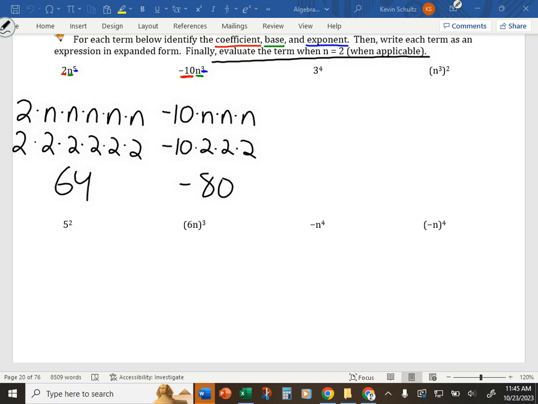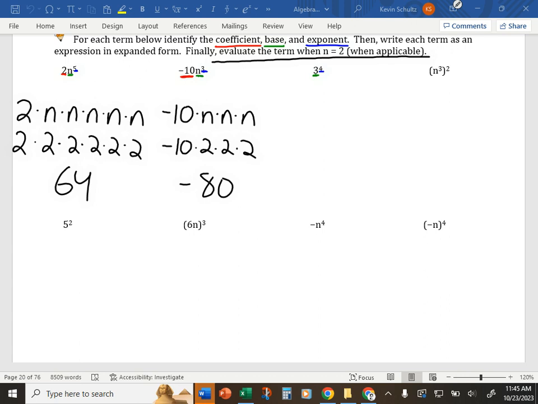Zoe, what is our exponent in 3 to the 4th? 4. It is the 4th. Is that 3 a coefficient or a base? Am I underlining that in red or in green? Which one is it, Josie? It is a base, okay? It's attached to the power. Remember that sometimes a base can be a number also.